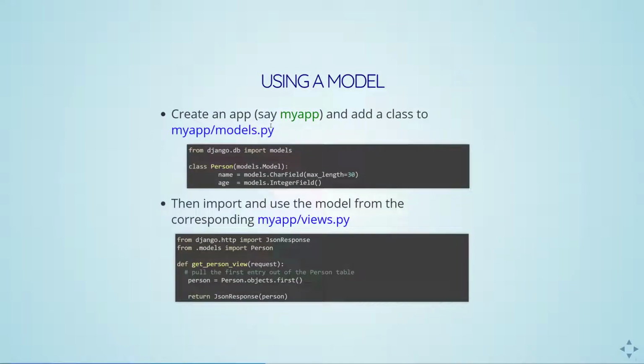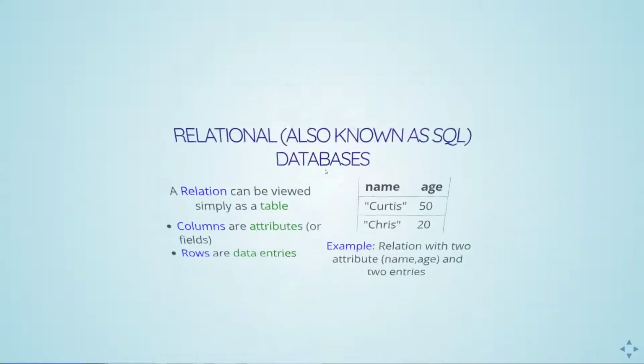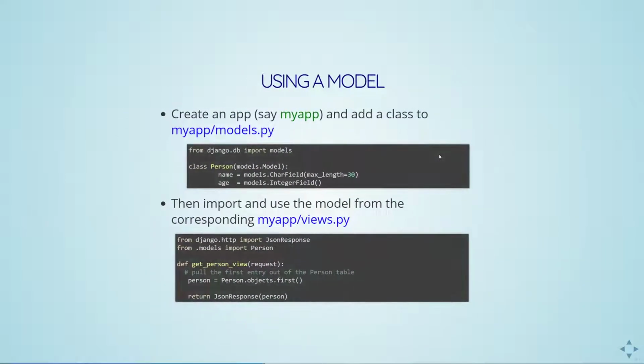Okay, so here's an example model that you create. Say you create an app, my app. You'll add this class to my app models.py, and this is a little class that implements the person relation that I gave a little example of before. This person relation here has a name and an age attribute. So to do this, we create a class, we call it whatever we want.